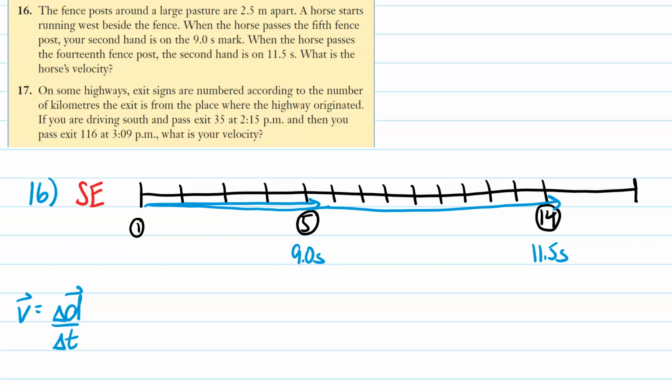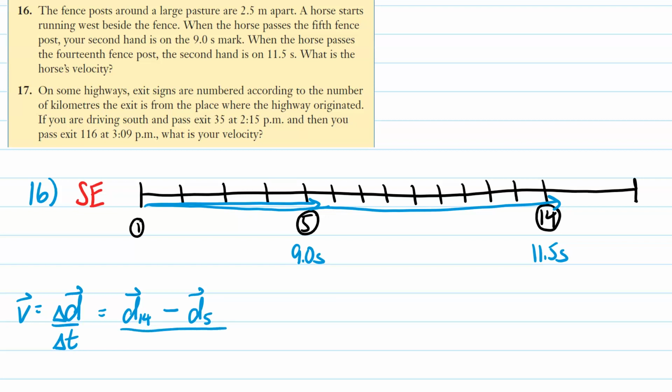If we're looking at the velocity between 2 points, we can flesh this out and say it's your final position, we'll say that's the position at the 14th fence post, minus your first position, or your initial position, which is the position at the 5th fence post.